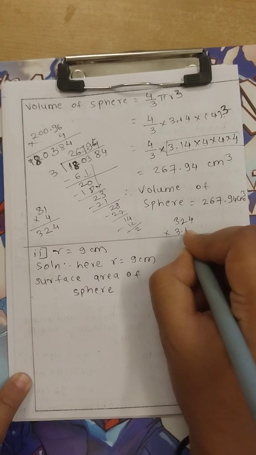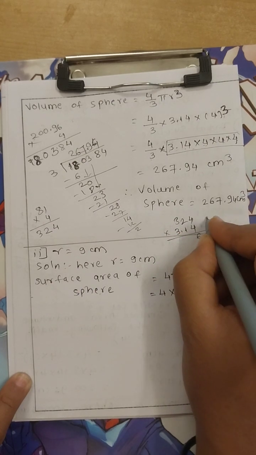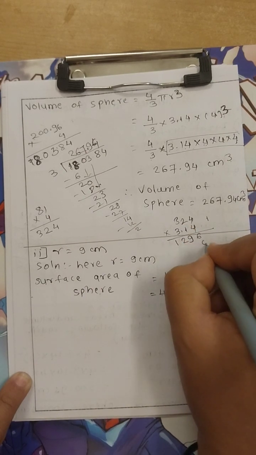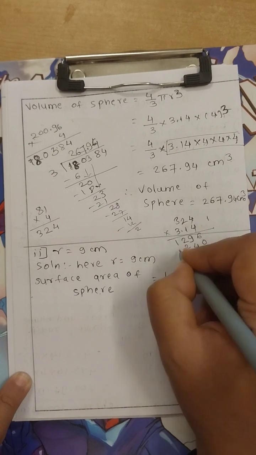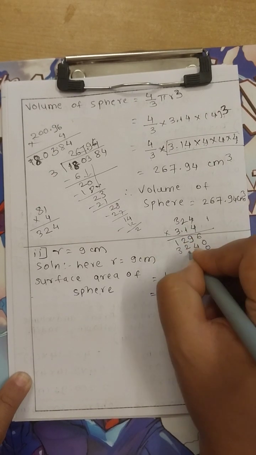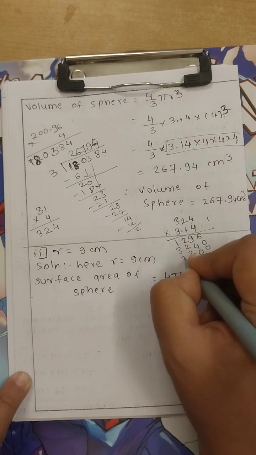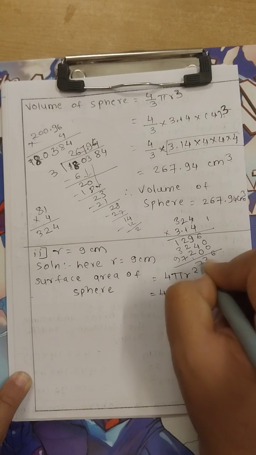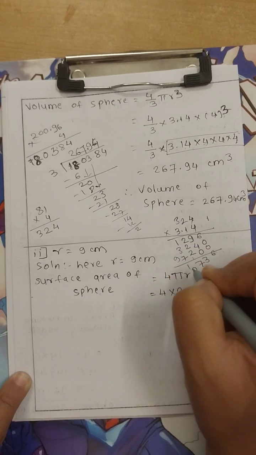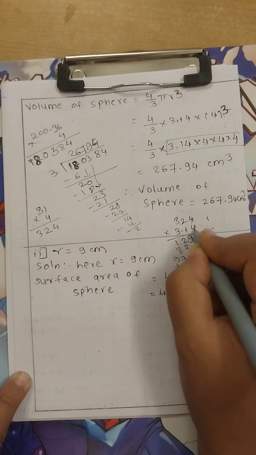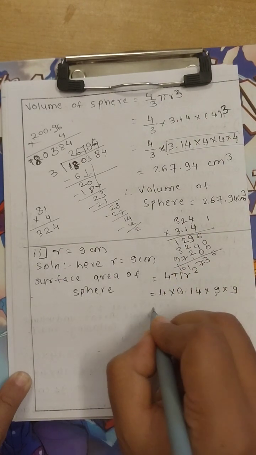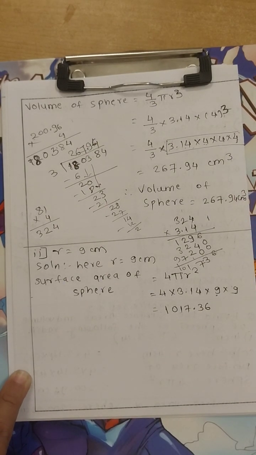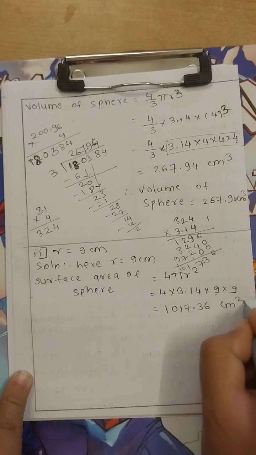324 into 3.14. 4 4s are 16, 6 carry 1. 4 2s are 8, 8 plus 1 is 9. 4 3s are 12, 0. Then the next rows are multiplied similarly and added. The answer is 1017.36 centimeter square.